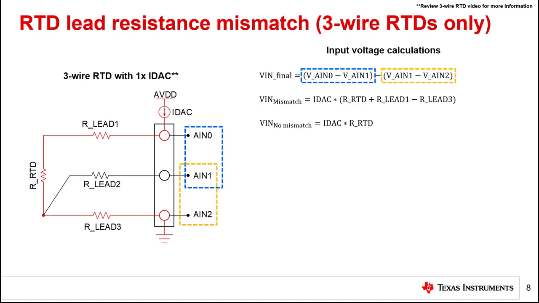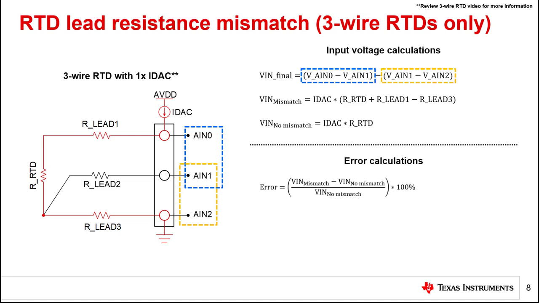Now, we are able to calculate the percent error as a result of lead resistance mismatch. First, let's start with the general form of the error equation shown on the bottom right. We take the difference between the ideal and mismatched voltages, then divide this result by the ideal voltage to calculate the error in percent.